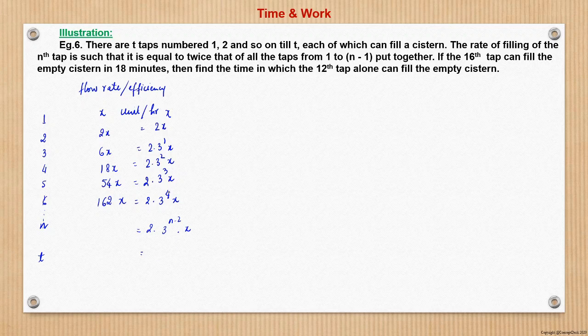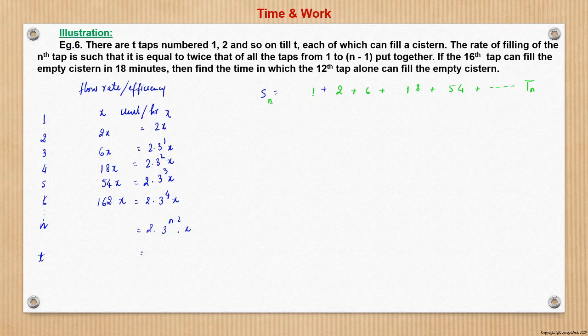If this does not click, then we can also derive the same, which we will also see in the progression series, but let us see how it happens. So the summation of all this would be what? Let us ignore x because x is common in all. Let us deal in the numbers only. So it will be like 1 plus 2 plus 6 plus 18 plus 54, then the nth term.